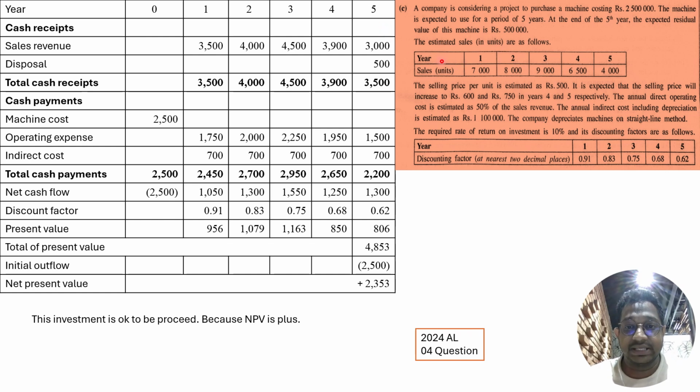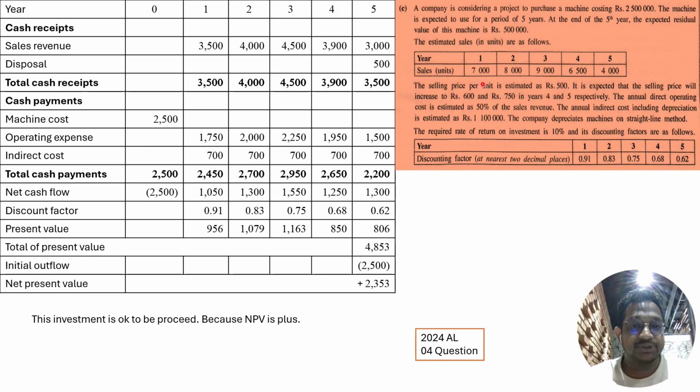And here are given the years and number of sales. So the selling price is given here separately. And it is expected that the selling price will increase to 600 and 750 in year 4 and 5. So you have to get the sales revenue separately. In the first 3 years, selling price per unit is 500.